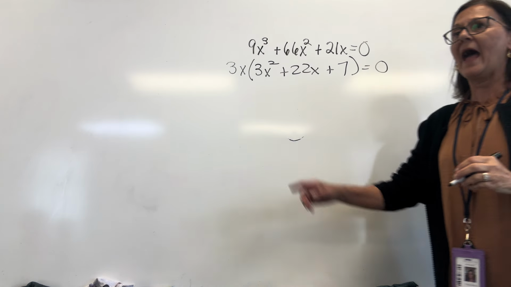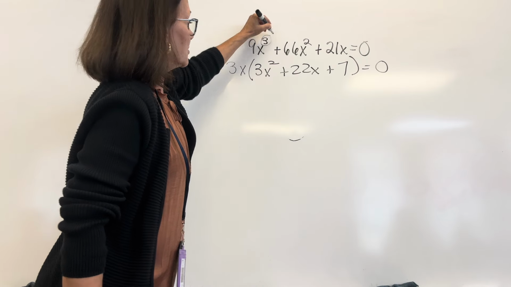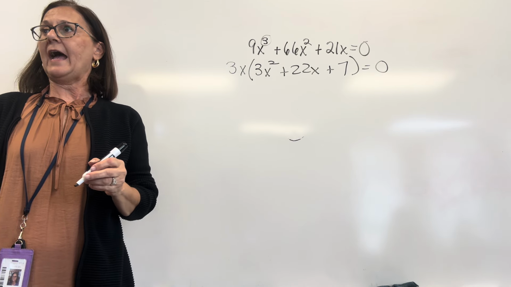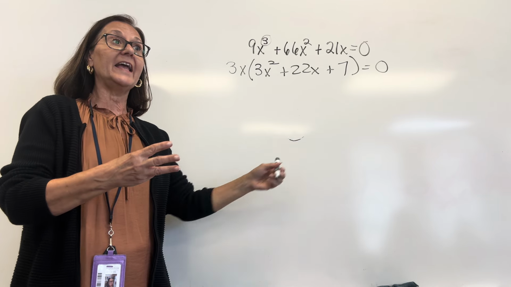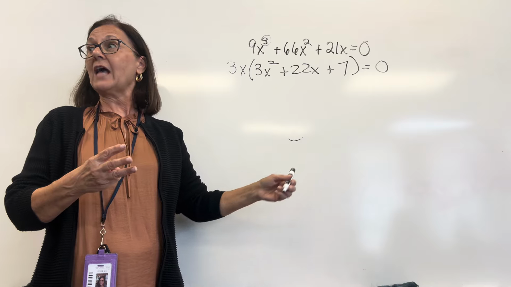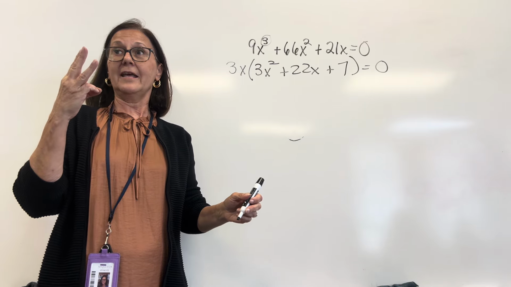Looking back at the original equation, it's x cubed. So how many solutions for x am I going to have? 3. In the end, when I have x equals, I better have 3 solutions. Got it?